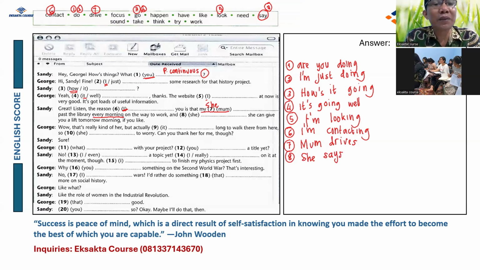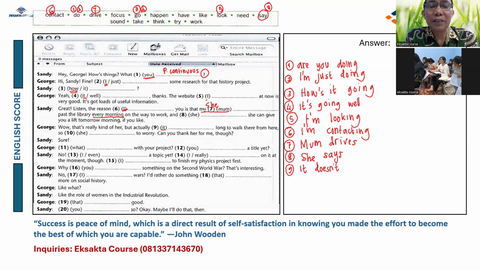Okay, so now number 9. Wow, that's really kind of her. But actually, look at there, it doesn't. Okay, it doesn't because if the subject is it, for negative, if we use a verb, use doesn't.